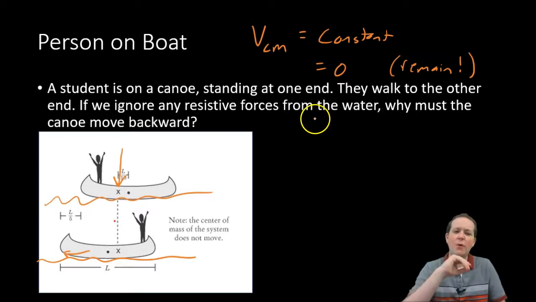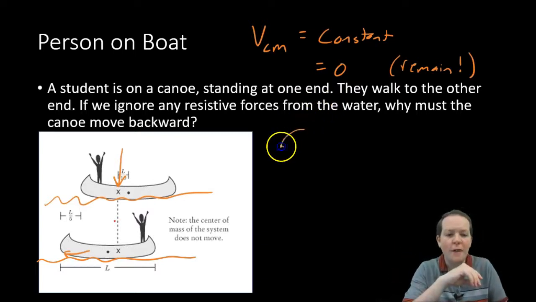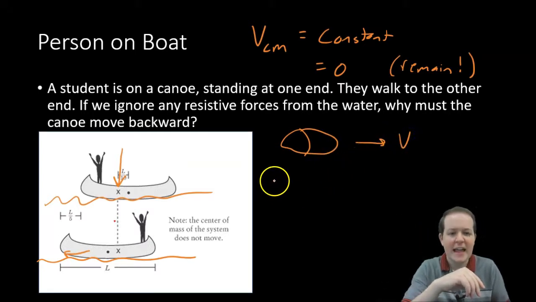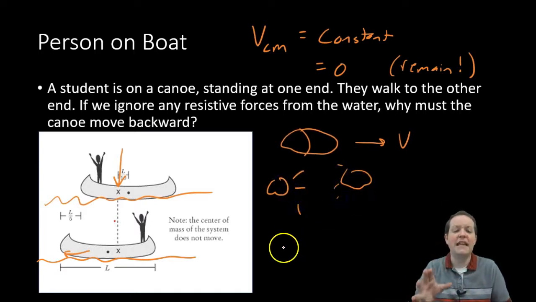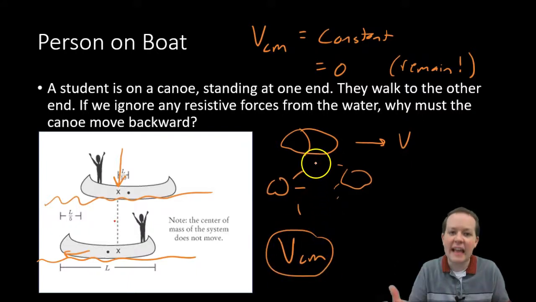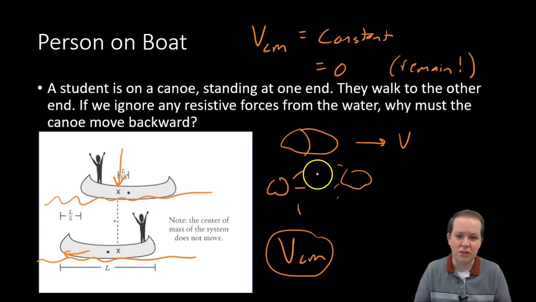Okay? If you can say, well, this whole thing started at 0, or the whole thing was moving to the right at some velocity, so therefore the center of mass was moving to the right. If then there was some confusing breakup going on, well, if it's asking about the velocity of the center of mass, it's the same as it was before, because it doesn't change if the momentum of the system is conserved.